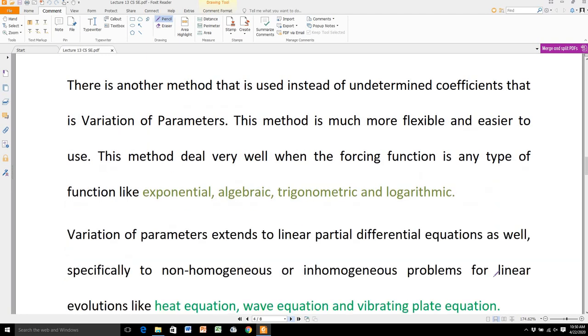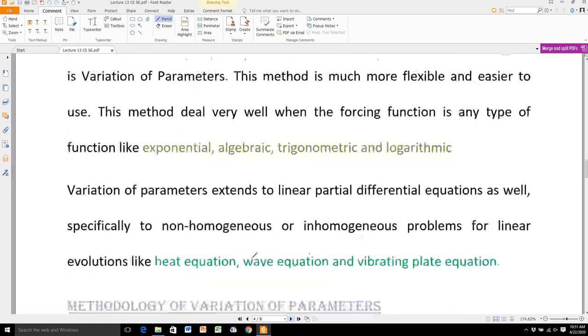Variation of parameters extends to linear partial differential equations as well, especially to non-homogeneous, or inhomogeneous, problems; both are the same.